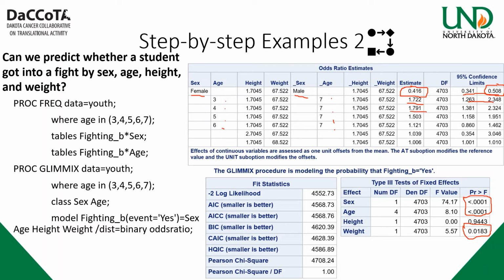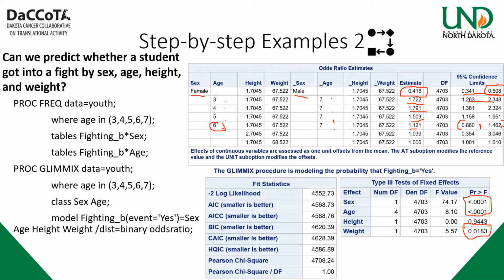And it continues to be higher and significant until we get to age 6, which is higher, but we can see now that the confidence limits involve 1. So that means it's higher, but it's not significantly higher. So there we go. So younger ages tend to get into fights more. Males tend to get into fights more.